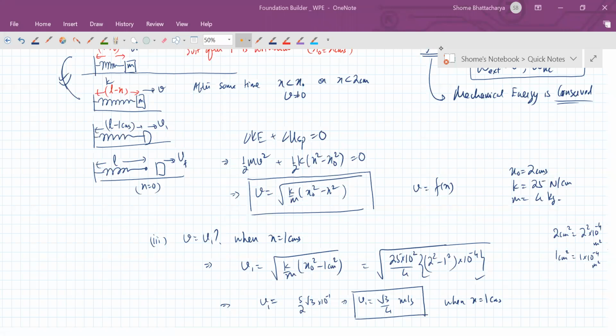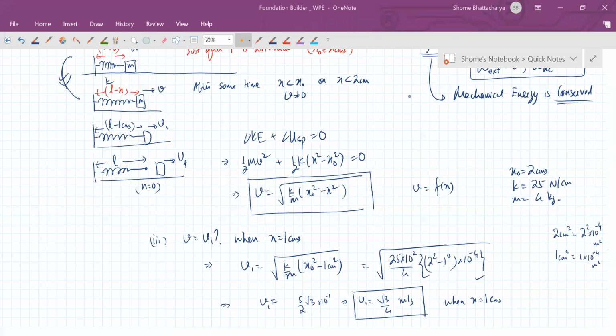And now the next thing is much easier. Put x equal to 0 and you will get the final speed. So that will come, I think, 1 meter per second. Beta, just check the value. I think it will come 1 meter per second. Or is it 1 by 4?